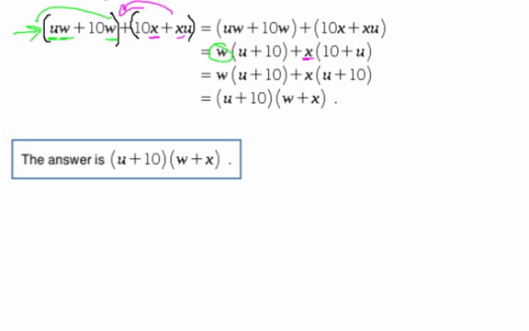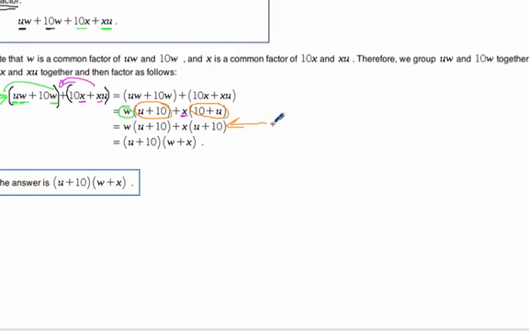Then we notice, this is the really cool thing, that inside the parentheses, we actually have the same thing. Even though they're written in different order, we can rearrange them, so now they look the same. So now what we have are two terms with a common factor of u plus 10.